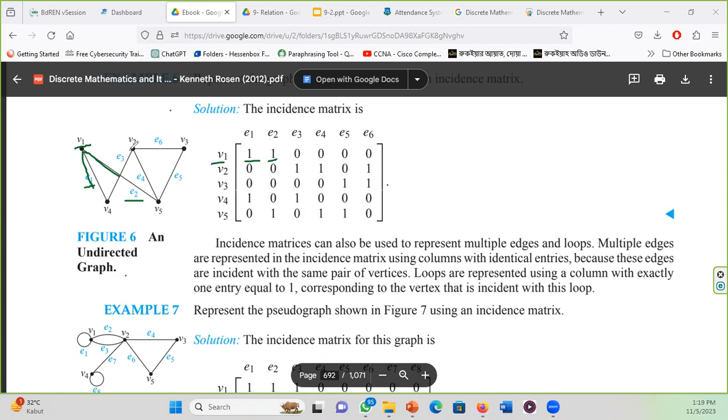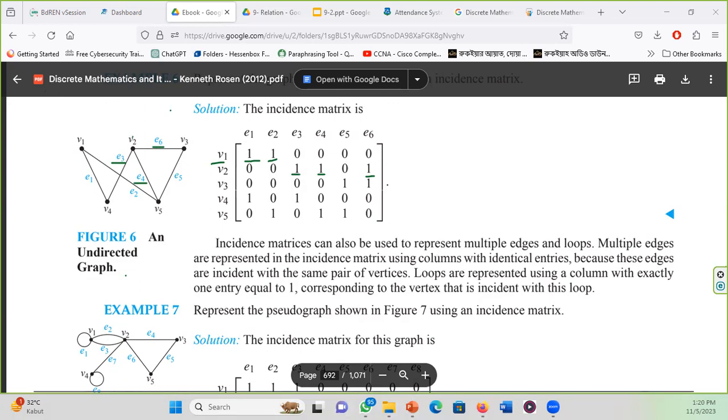So when the node is connected with edges, that will be 1. For example, V2 is connected with E3, E4 and E6. So you can find that for V2, E3 is 1, E4 is 1 and E6 is 1. Do you understand this? Yes, sir. Okay.